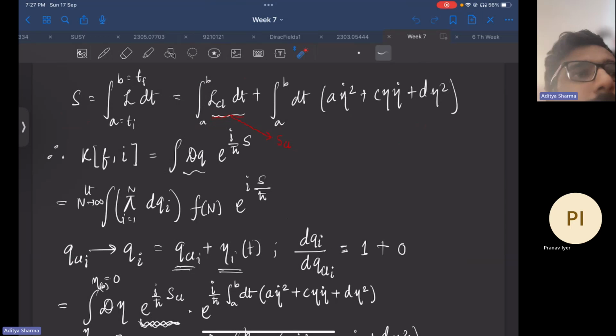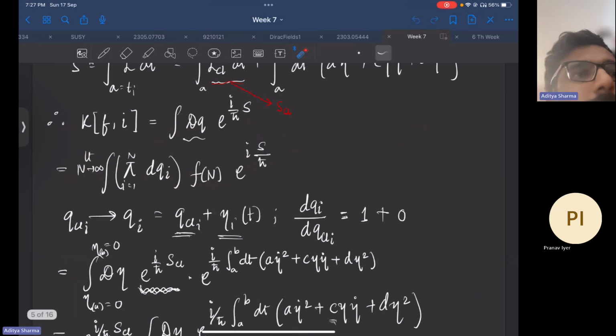So you are going to look into the path integral, which is this. This measure, this dq, can be written as like this. You take the limits over n. There is some normalization factor which depends on n, and e to the power is. Okay.